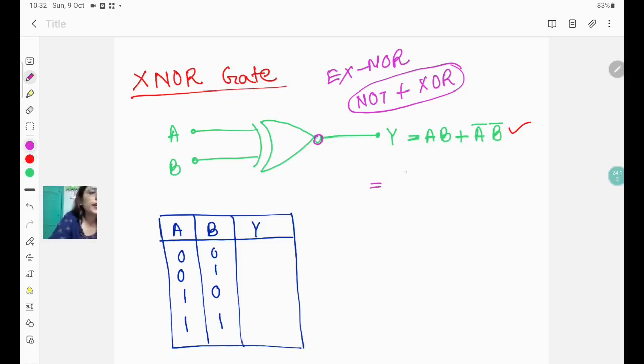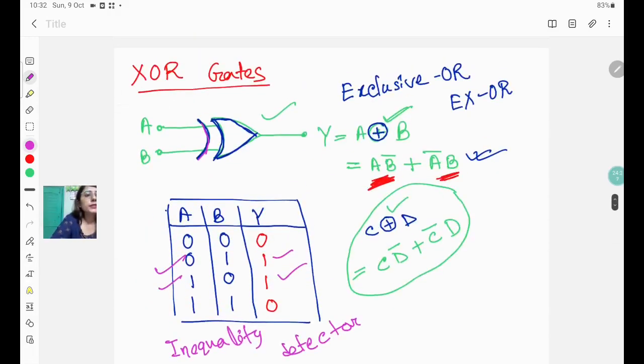If we take A XOR B and we give it a bar, what will happen? You will have A B bar plus A bar B. From the previous calculation, we already have had it before. That is, if we have A XOR B, that means A B bar plus A bar B, right?